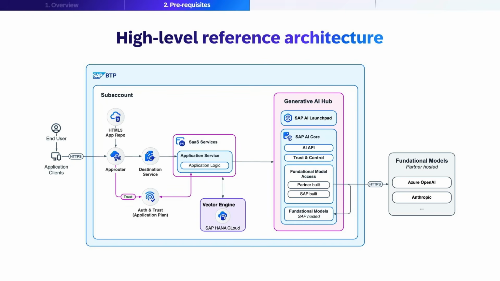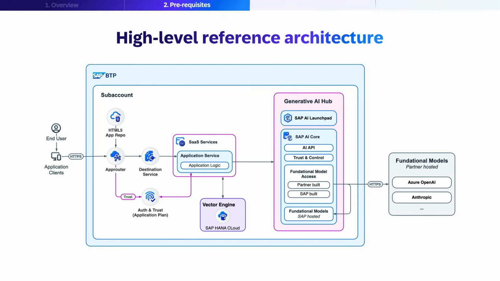leverage Generative AI Hub, which is the central component of this architecture. Generative AI Hub provides capabilities and a toolset to build and manage AI workloads with dedicated foundational model access for LLM access. These LLMs are hosted by SAP or by our partners under enterprise agreements.